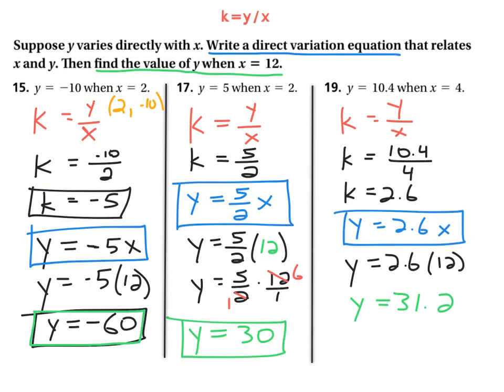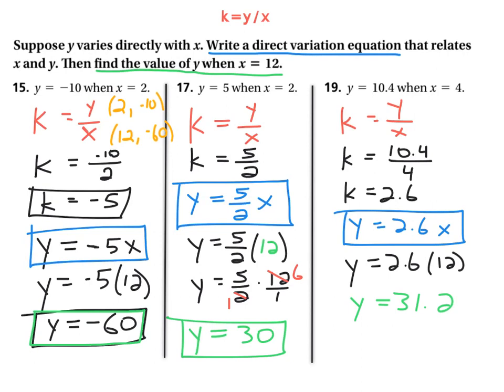We also found out that if we used 12, we would get 12, comma, negative 60. So that's another point that would be on this graph. Whenever you want to graph a line, you have 2 points. You can use 0, comma 0 and the original point they gave you. But this is another point that would also be on the line.